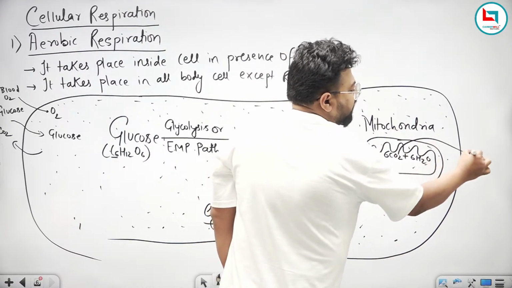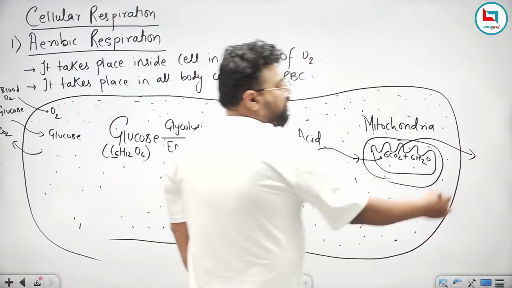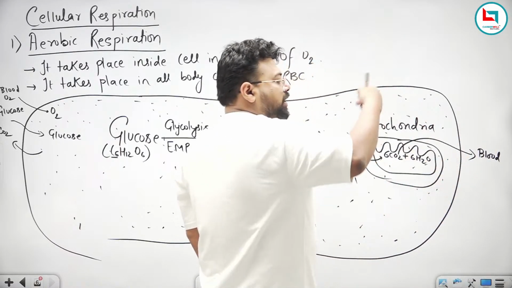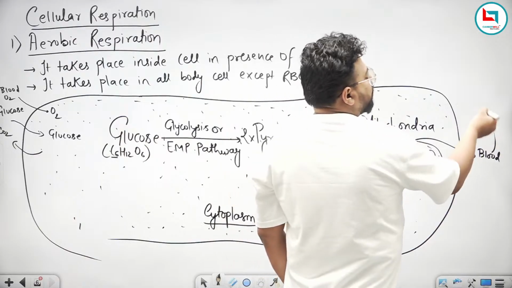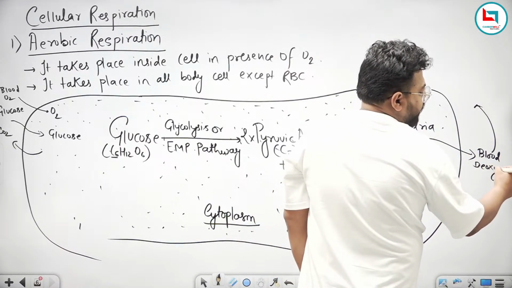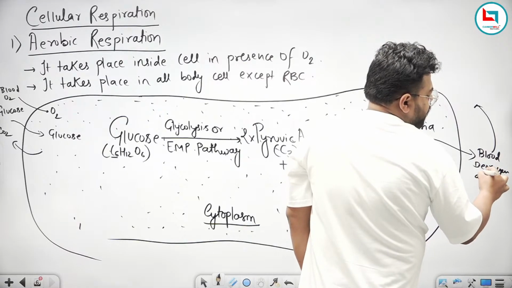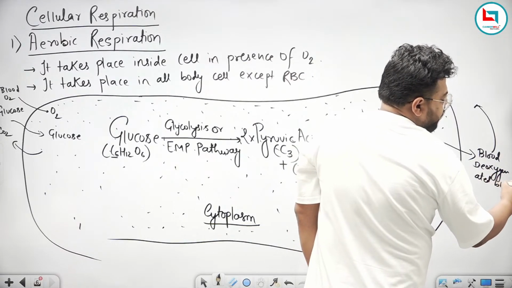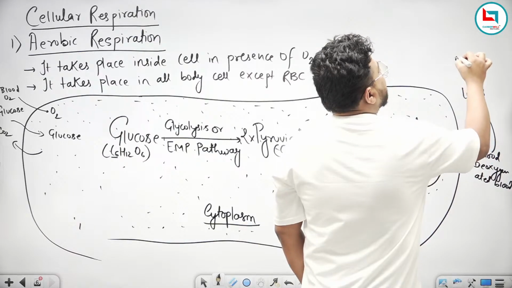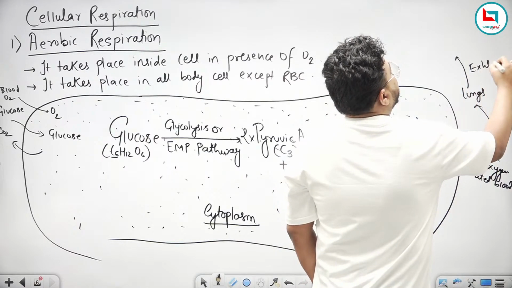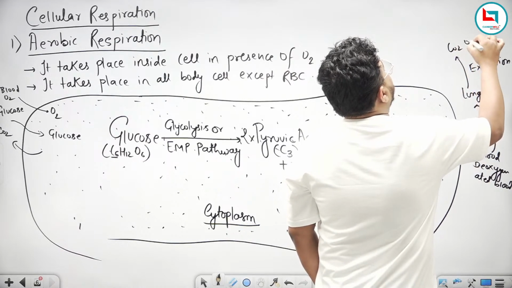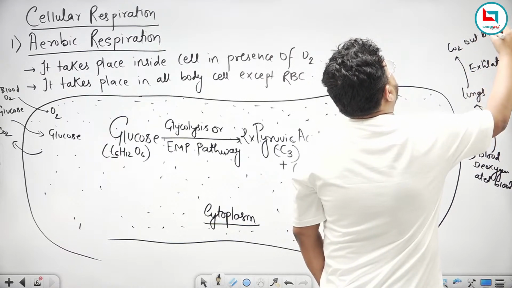This carbon dioxide will go outside the cell and get mixed with the blood. Our blood will become deoxygenated. This deoxygenated blood will go toward the lung, and by exhalation this carbon dioxide will go out of the body.